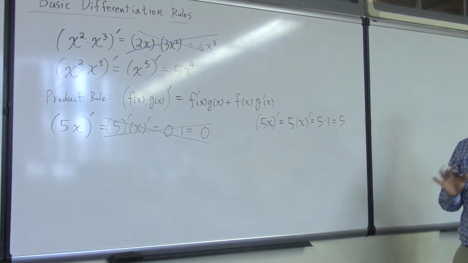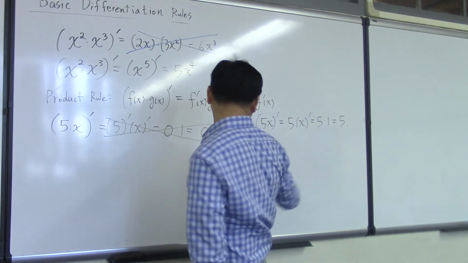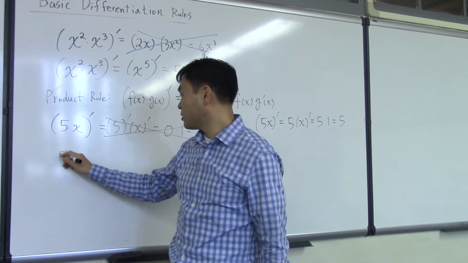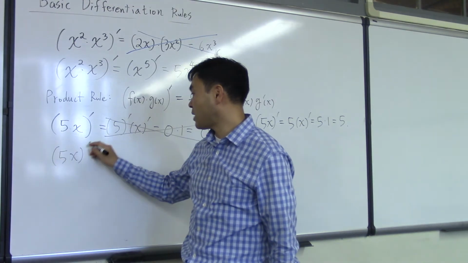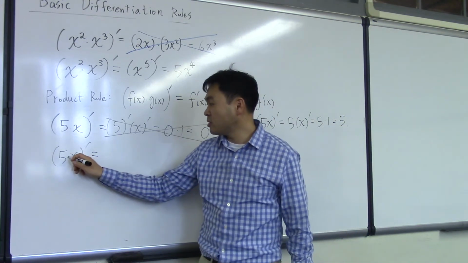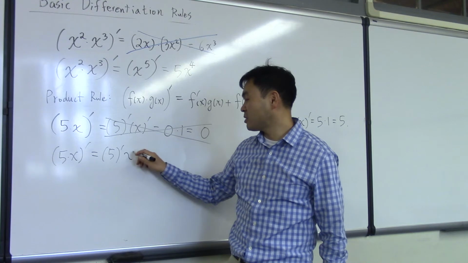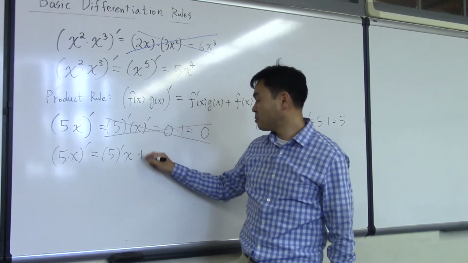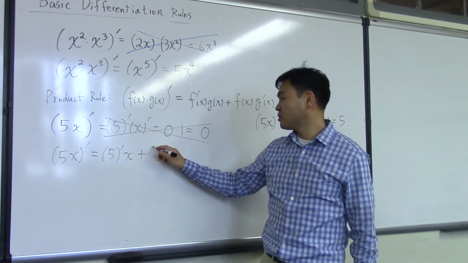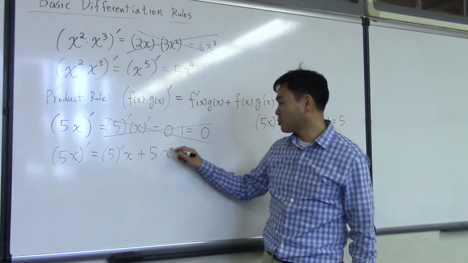But if you wanted to use the product rule to see why this is also equal to 5, you have to do the following. 5x prime equals, the product rule says, if you see a product, differentiate the first one times the second one untouched, plus first one you don't do anything but take the second one and differentiate.